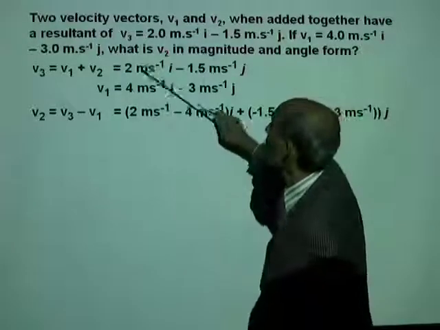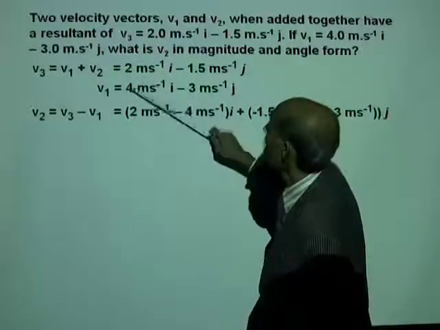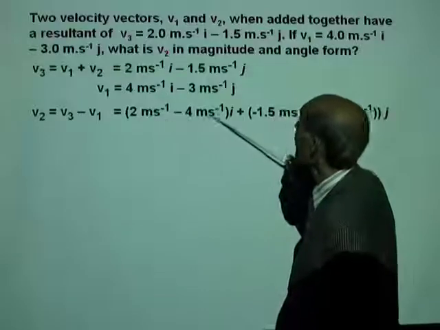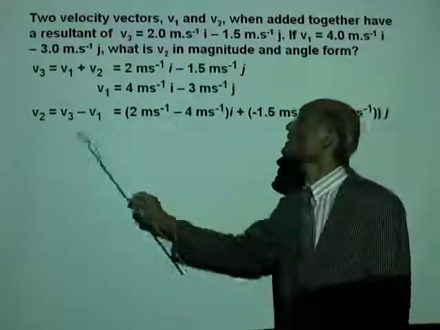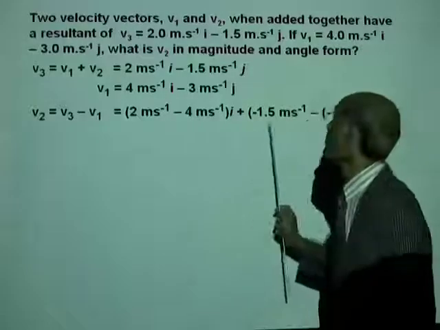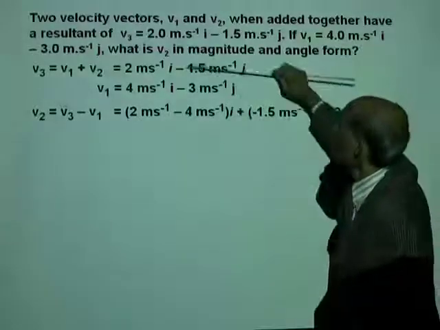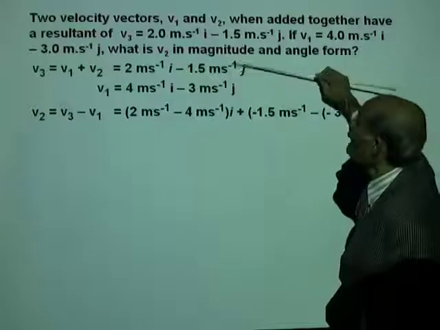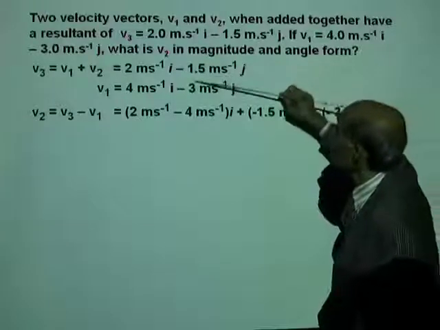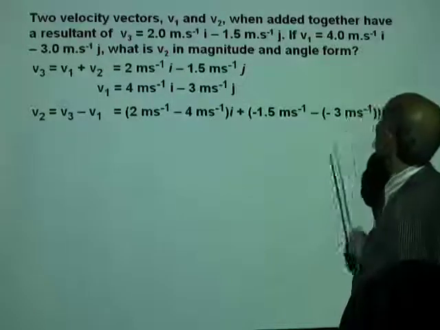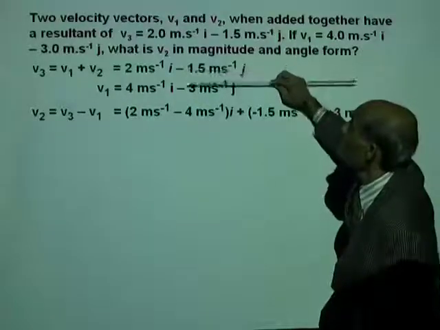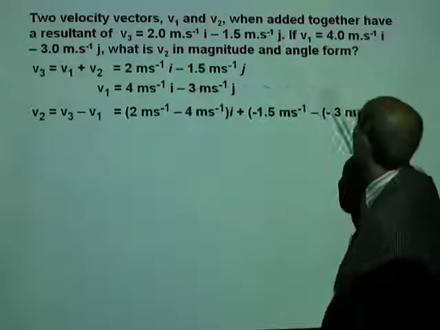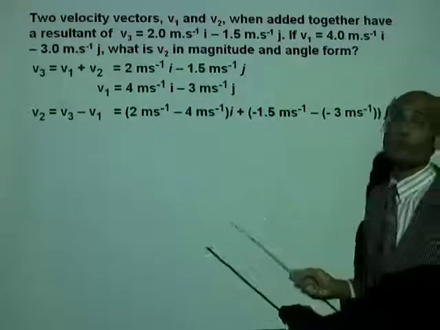So that will be 2 meter per second minus 4 meter per second i. This is the x component of v2, plus negative 1.5 meter per second minus negative 3 meter per second j. This quantity minus this quantity of j.